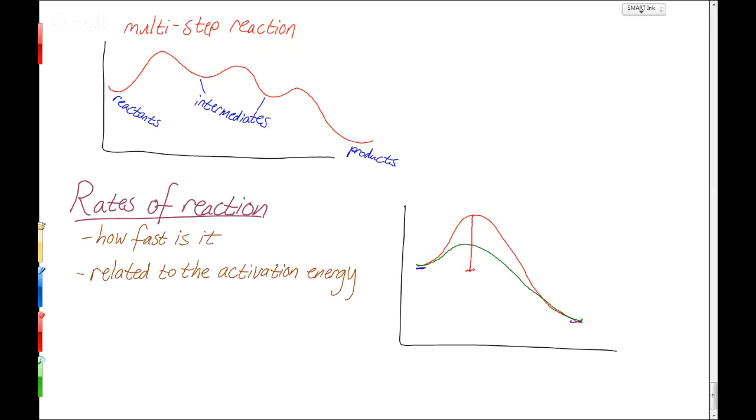So more activation energy means slower. And less activation energy is faster.